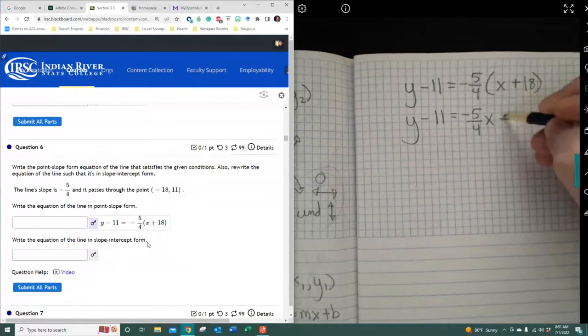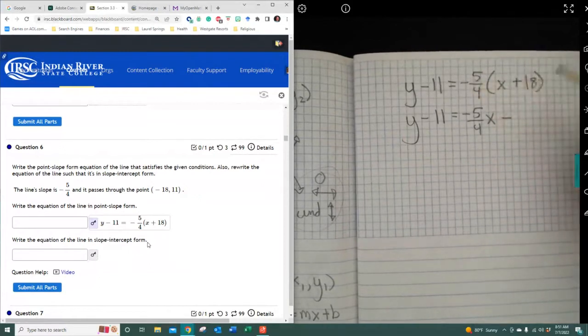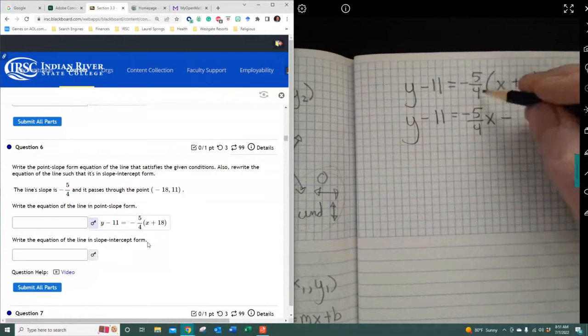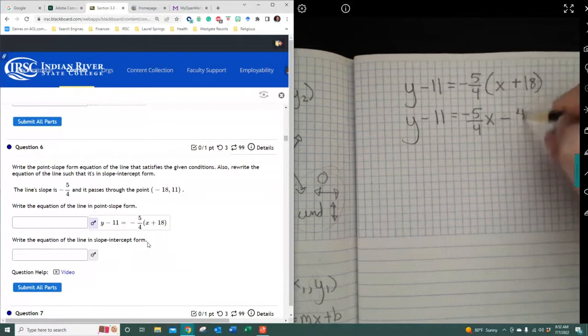Watch this. That'd be negative, right? But then I would go ahead and take 4 and divide it by 2, and take 18 divided by 2. So that way I get 9 and 2, and now I'm going to get 45 over 2.